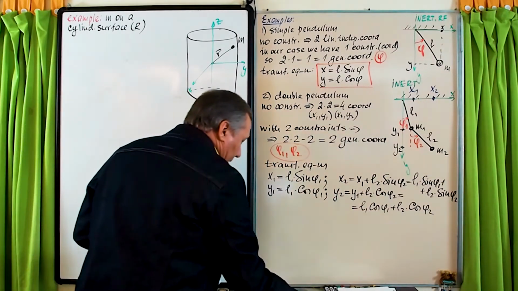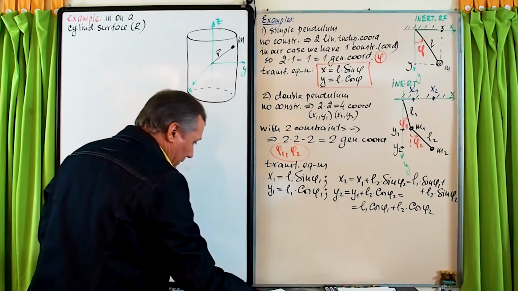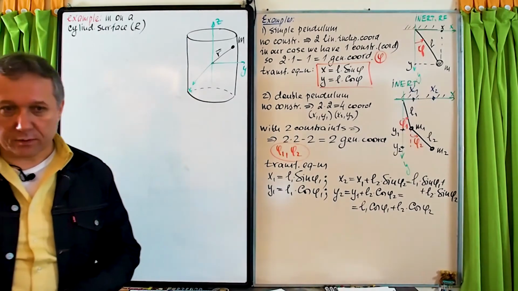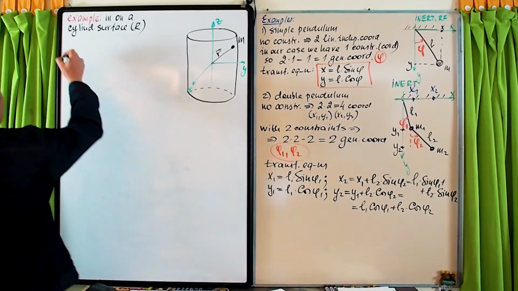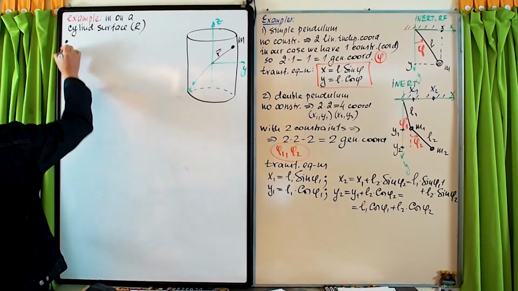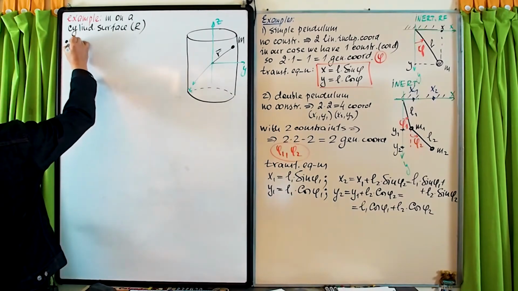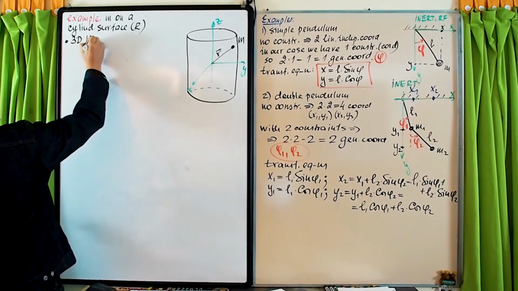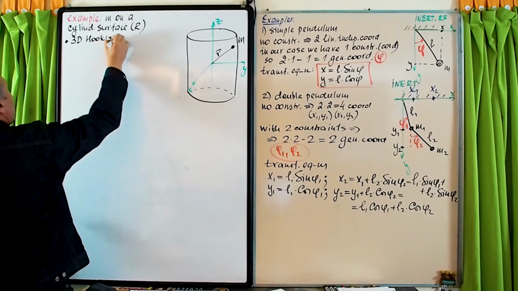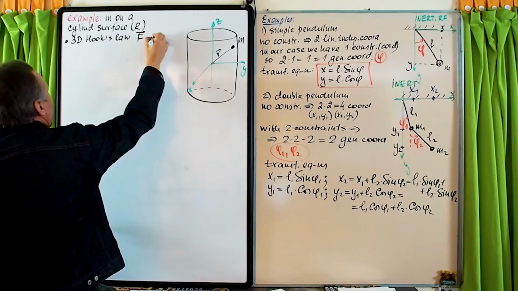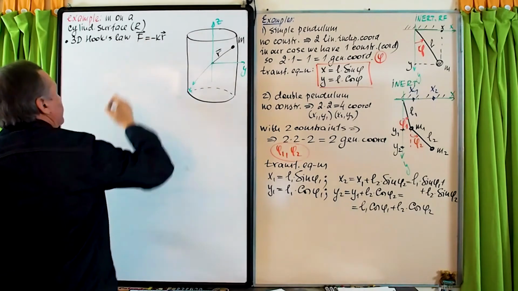So what else is given? The fact that it's exposed to a three-dimensional Hooke's force. Right. So first, let me put a new bullet. 3D Hooke's law. So F equals minus k r.